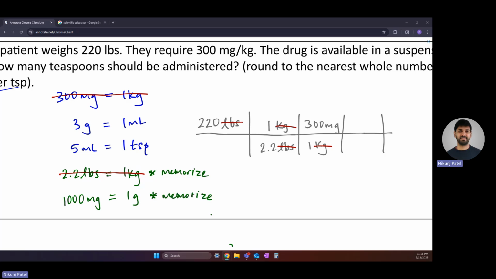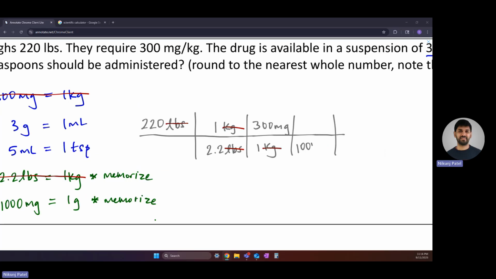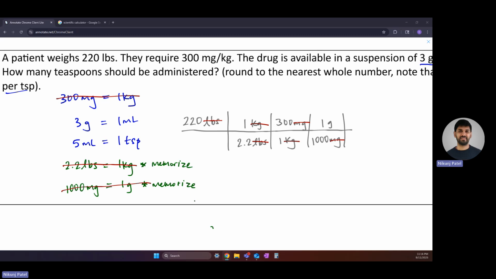Eventually, as you practice these questions more often, you'll realize that these ones show up most often, so you'll naturally memorize them. We're going to put 1,000 milligrams over or below 1 gram. We can mark out our milligrams. We can mark out this one. Right, let's keep building.